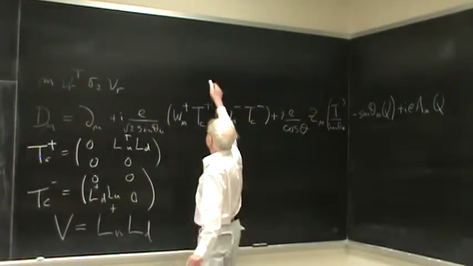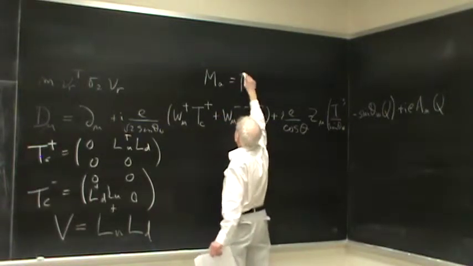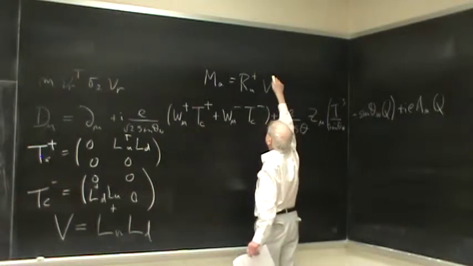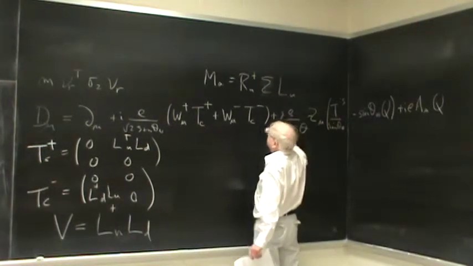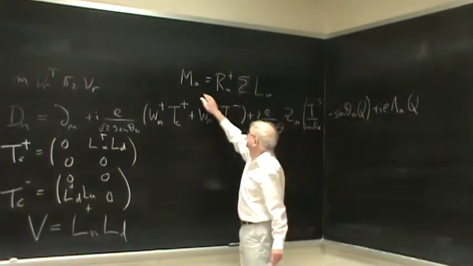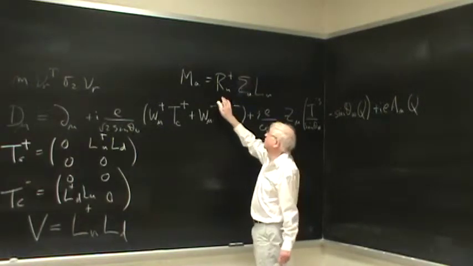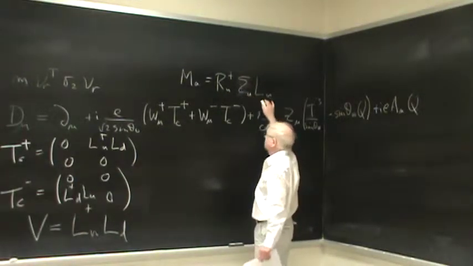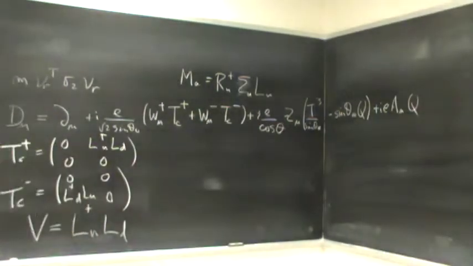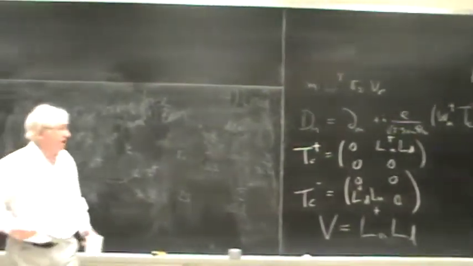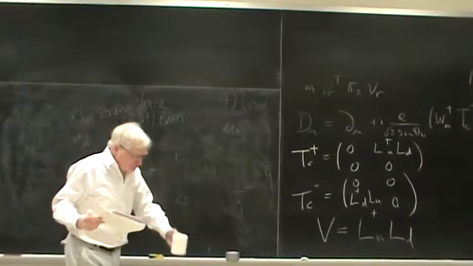So in other words, we had something like M up equals, I guess I called it RU dagger sigma LU. And a similar M down is the masses of the down quarks, the 3 down quarks, RD sigma LD. And these R and L are unitary, so clearly the CKM matrix is unitary.